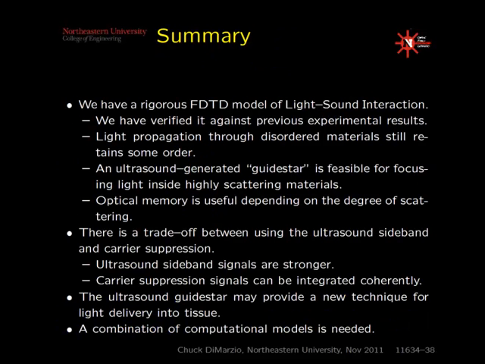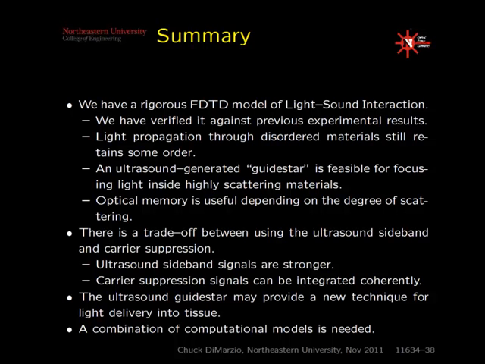Okay, so briefly to summarize, we've developed an FDTD algorithm, verified it against some previous work. We found that light traveling through scattering media still retains some order. And we found that we can use an ultrasound guide star to image in highly scattering materials. We may even be able to use optical memory, and it certainly will help us reduce the number of degrees of freedom.